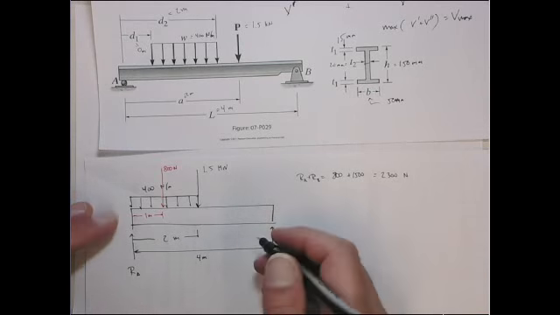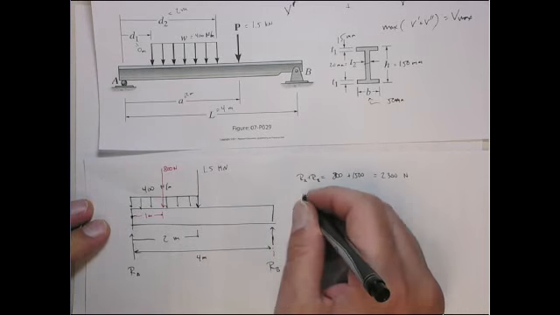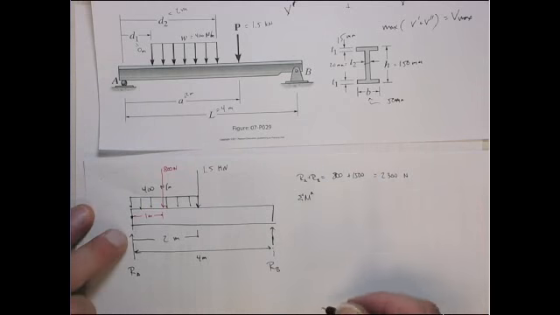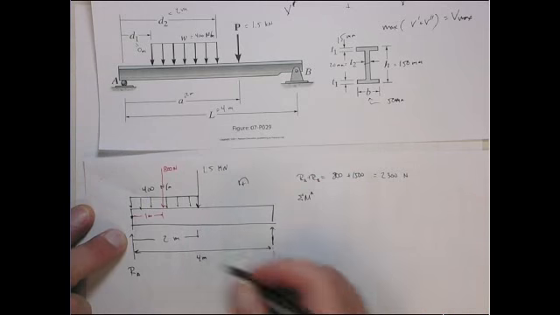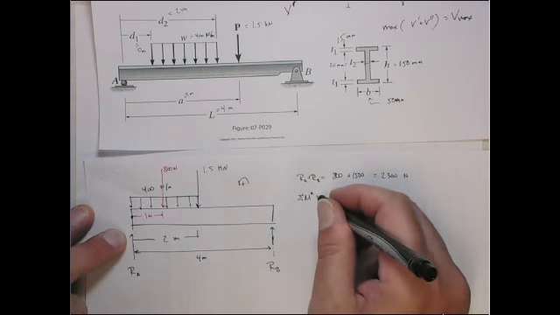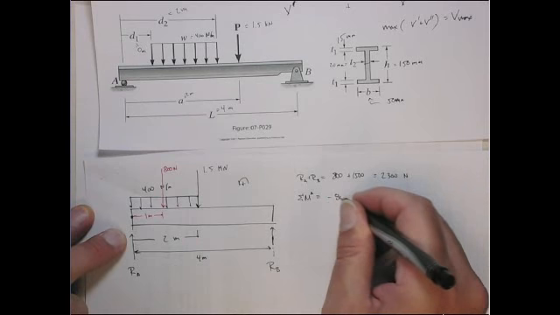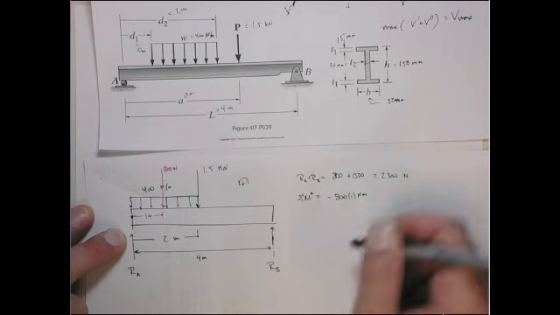Now let's do sum of moments around point A, so the RA doesn't enter into it. That gives me minus 800 newtons times 1, in newton meters.